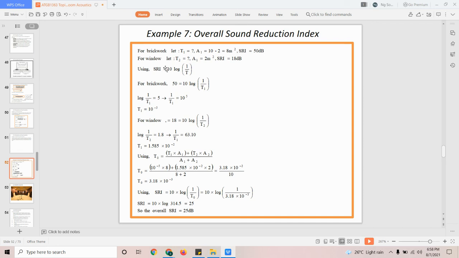For the window, you have to repeat this step again. Here, this is not shown. Let me see. Yeah, here it's shown.